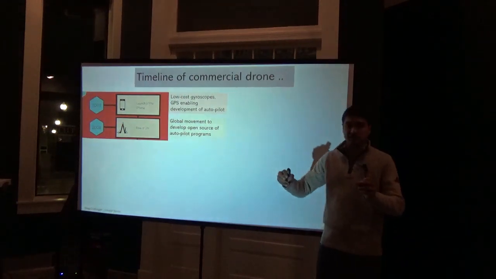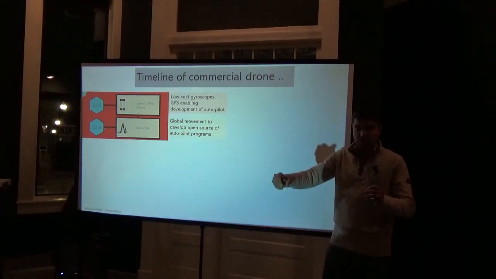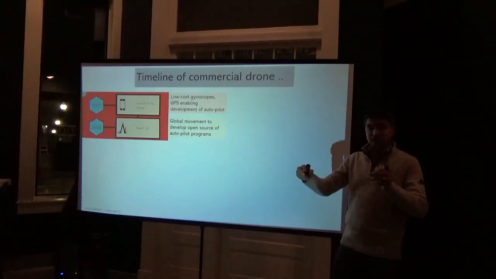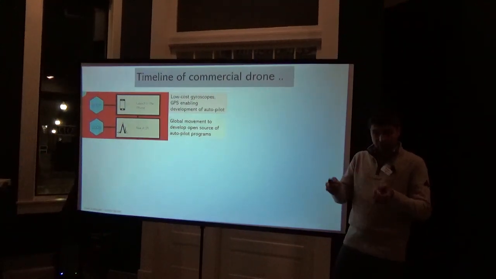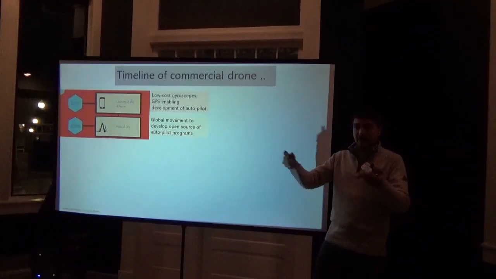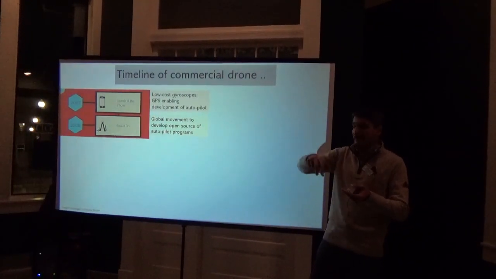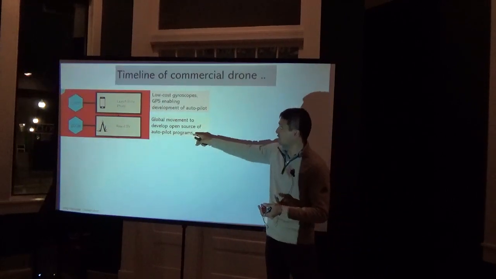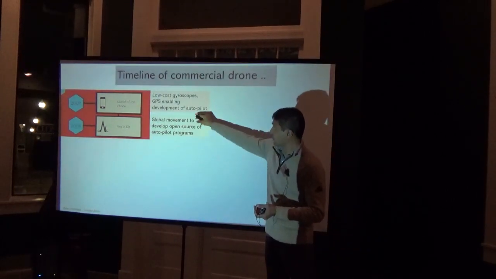So all of these sensors, GPS, gyroscope, they need to communicate and take commands from a remote. So this command taking and flying should be handled by this software called your autopilot program.